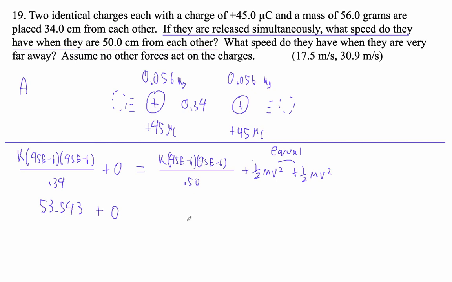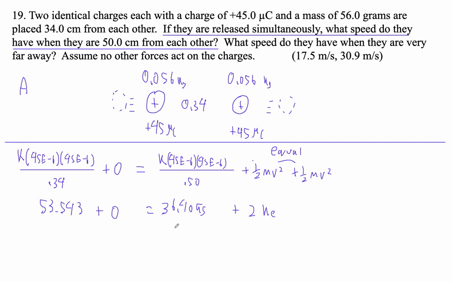And then this term here, all I have to do is reuse that same guy, only make it 0.5. This is 36.4. And then plus 2 times the kinetic energy of these guys, right? So let's subtract that. Let's go this guy minus this guy.